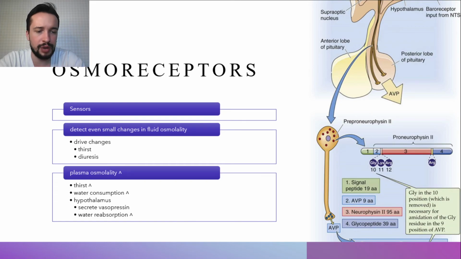For example, when plasma osmolality is increased, thirst is stimulated and water consumption increases. The exact cell mechanism is not known. Additionally, the hypothalamus is stimulated to secrete vasopressin, which increases water reabsorption in the kidneys. Together, these two mechanisms return the plasma osmolality to normal.